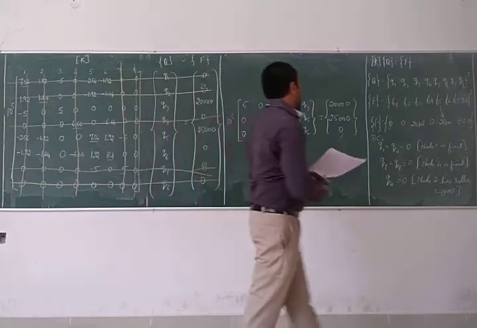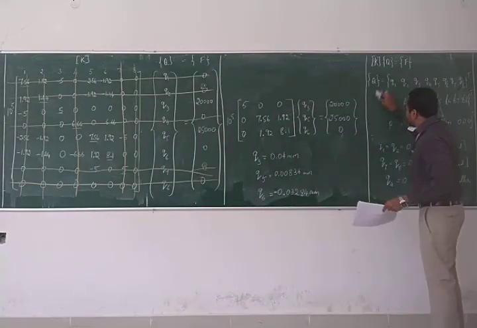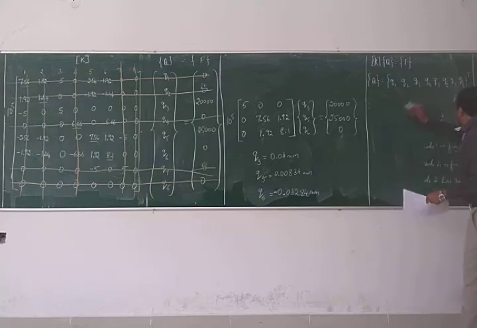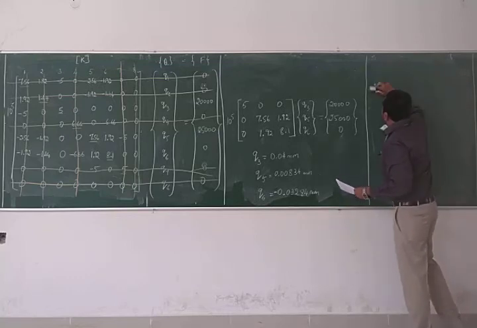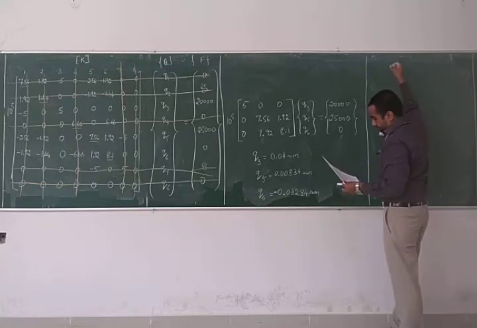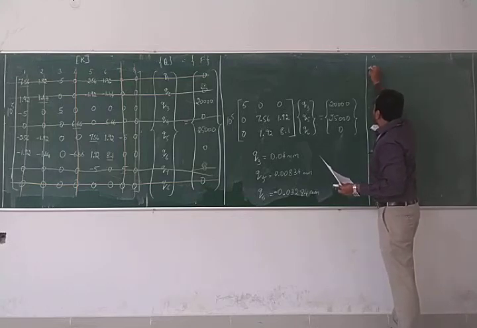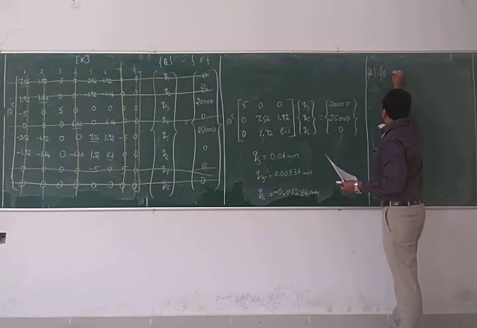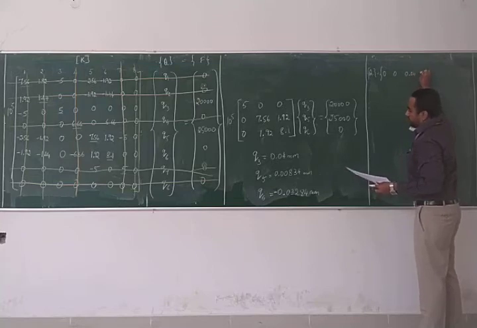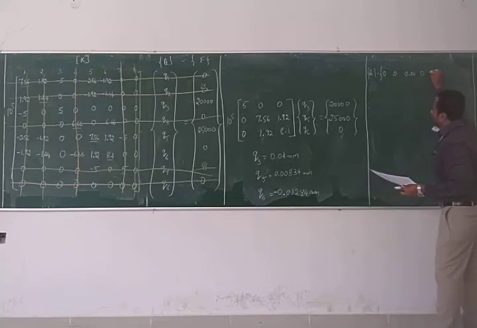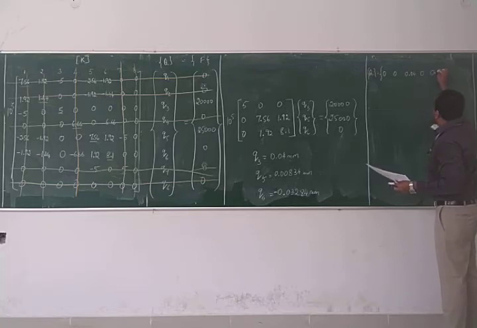With this I can write the global displacement vector as Q equals 0, 0, the third displacement is 0.04, the fourth is 0, the fifth is 0.00834.